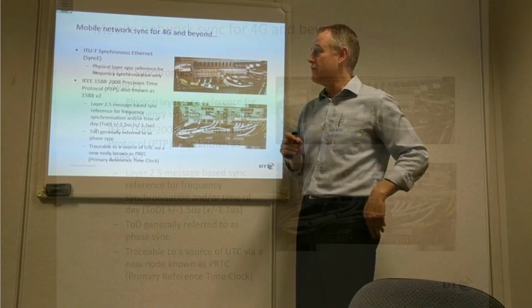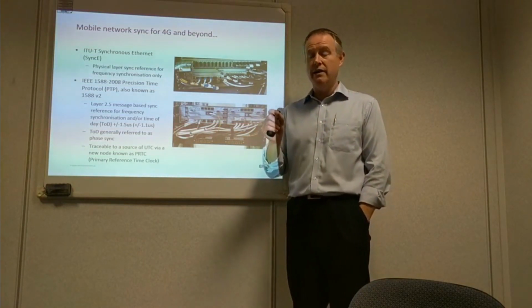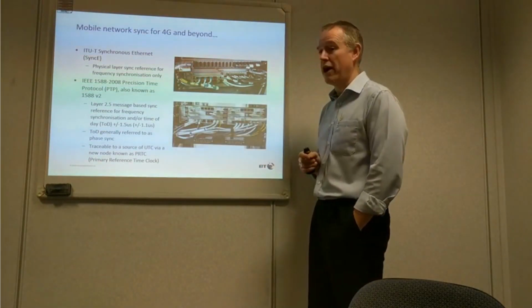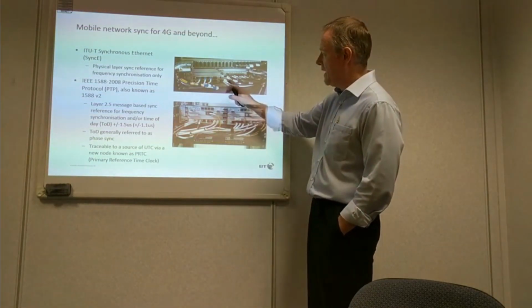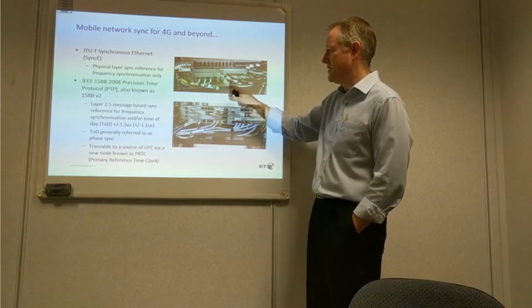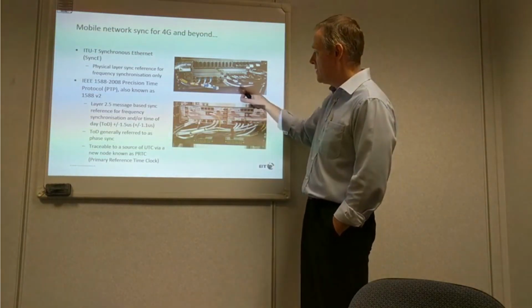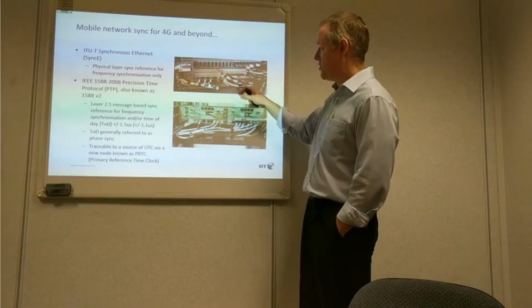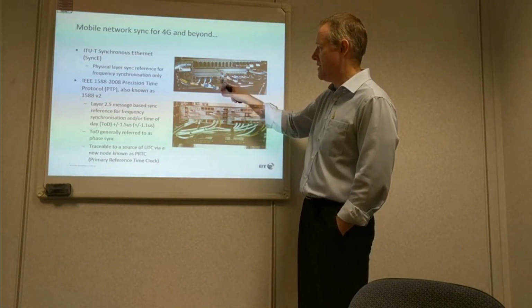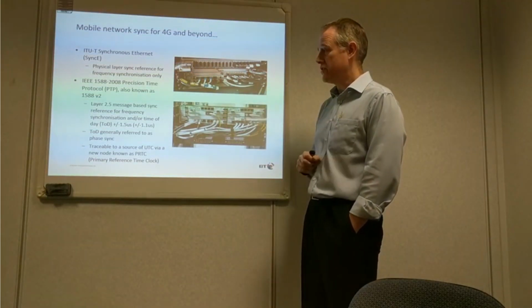Now that frequency reference gave us the 15 parts per billion line accuracy that was required to ultimately derive the 50 parts per billion reference for the radio interface. And that reference will be delivered on an Ethernet interface. So here's an example of an Ethernet interface into a multi-RAT base station. So from a 4G perspective, that's carrying an S1 and an X2 interface, but it's also SyncE, so therefore we take the frequency reference in the baseband unit from that incoming circuit.